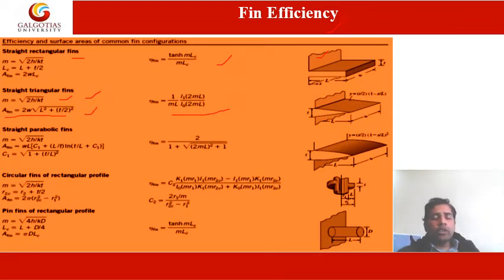We should correctly calculate the area of the fin. When the fin is parabolic, we get this kind of relationship, and these are the other factors we have to keep in mind while calculating the area of the fin. Similarly, for circular fins of rectangular profile, the fin is of circular shape but has a rectangular profile.